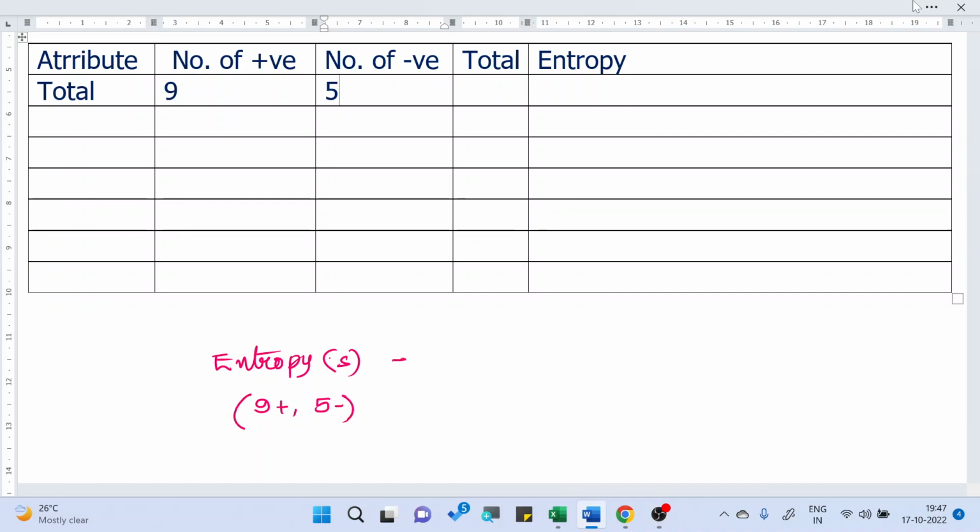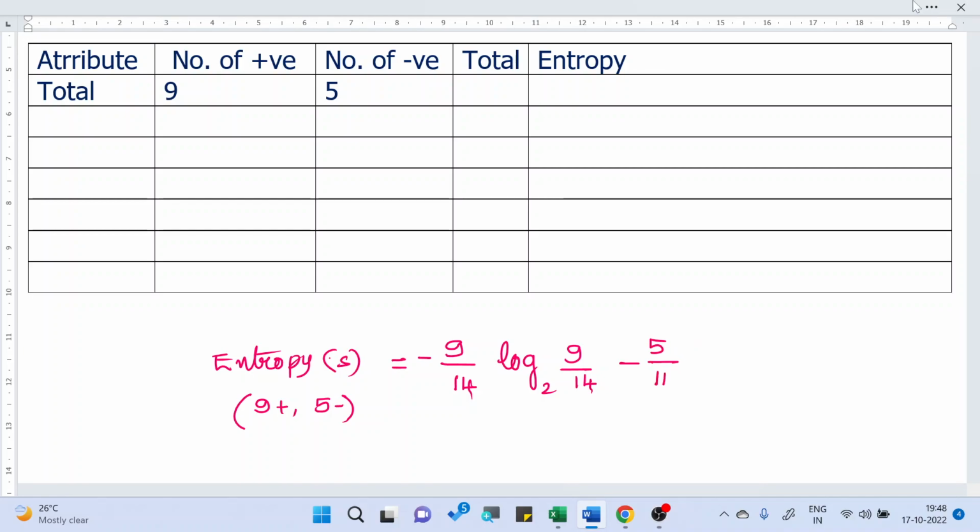So the entropy is equal to minus the fraction of positive, 9 by total 14, into log base 2 of 9 by 14, minus negative examples fraction. Negative examples fraction is 5 by 14 into logarithm base 2 of 5 by 14.